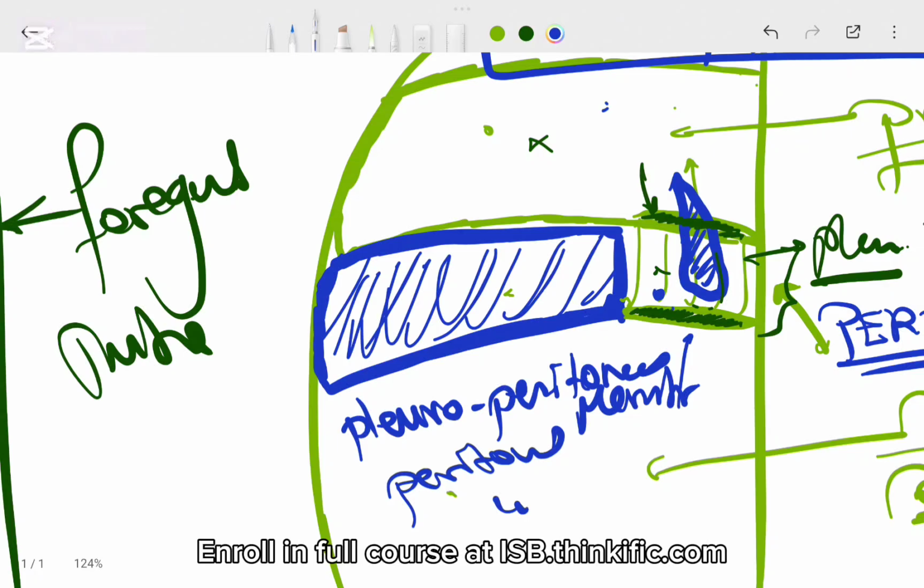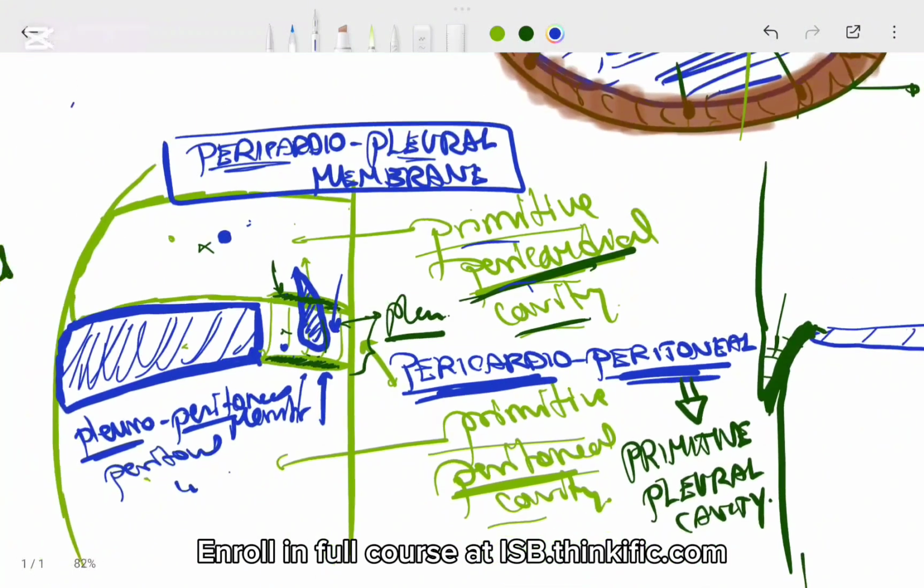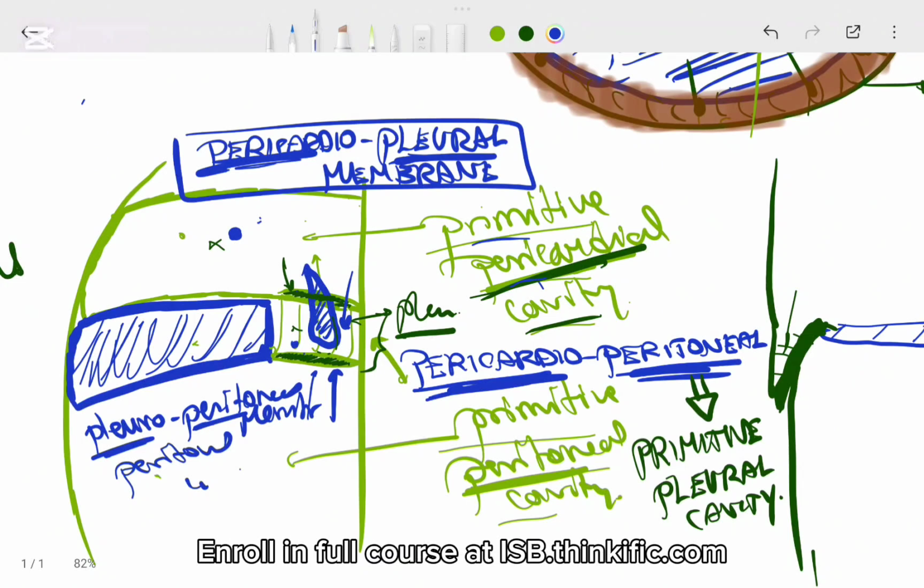So please look at the difference very logically. Pleural cavity, peritoneal cavity. So they talk about the one below. Pericardio means primitive pericardial cavity. They talk about this one. So we call it pericardio-pleural membrane, or pleuropericardial membrane, or pleuropericardial fold. Same. You can call it membrane, you can call it fold, it's the same structure.